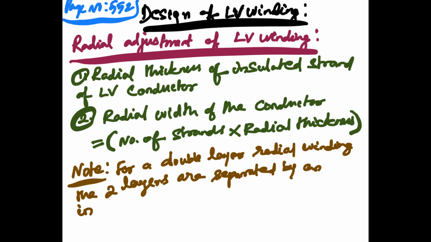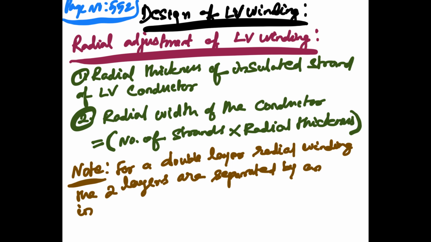Design of LV winding. Radial adjustment of LV winding. First, radial thickness of insulated strand of LV conductor. Second, radial width of the conductor is equal to number of strands into radial thickness. Note: for a double layer radial winding, the two layers are separated by an insulation cylinder of 0.5 to 1 mm thickness.